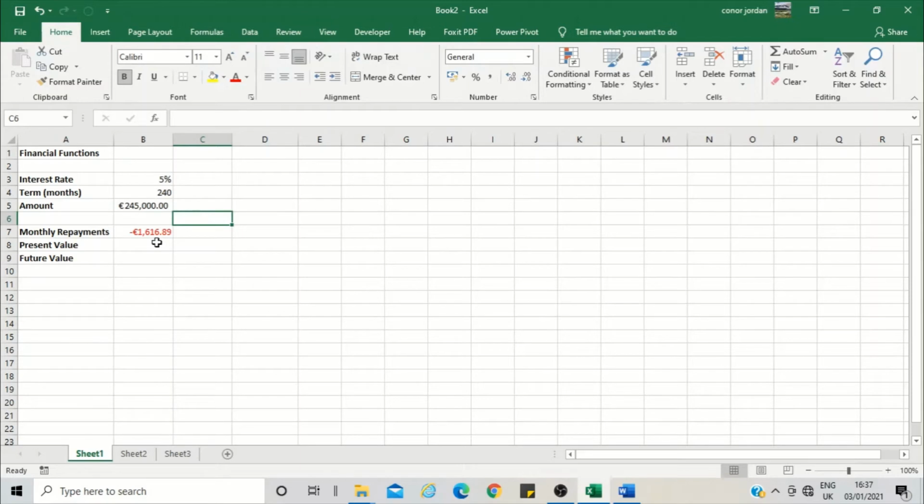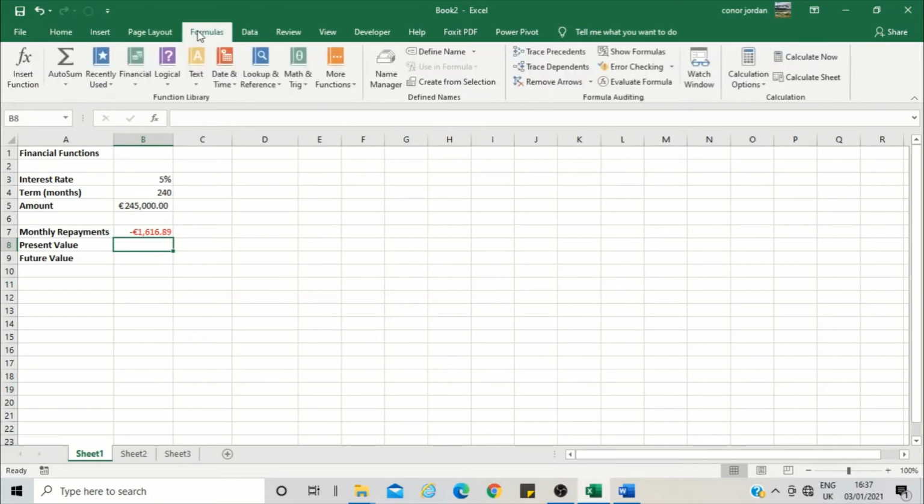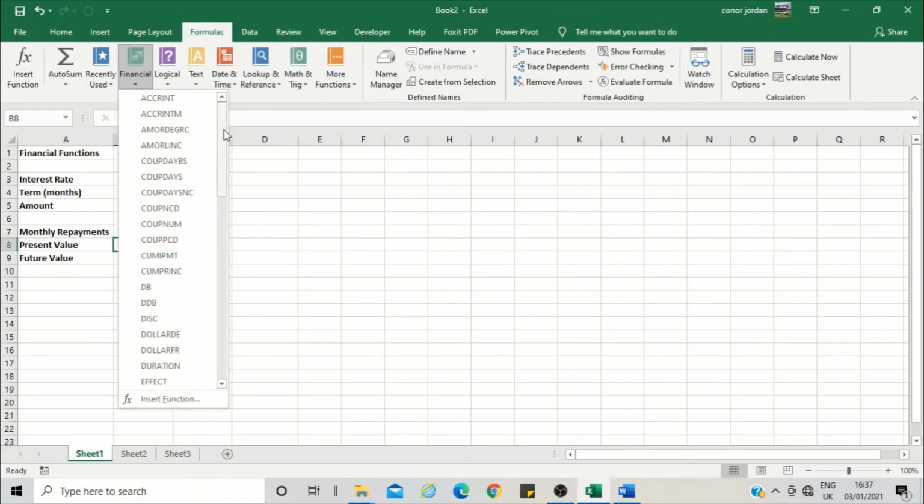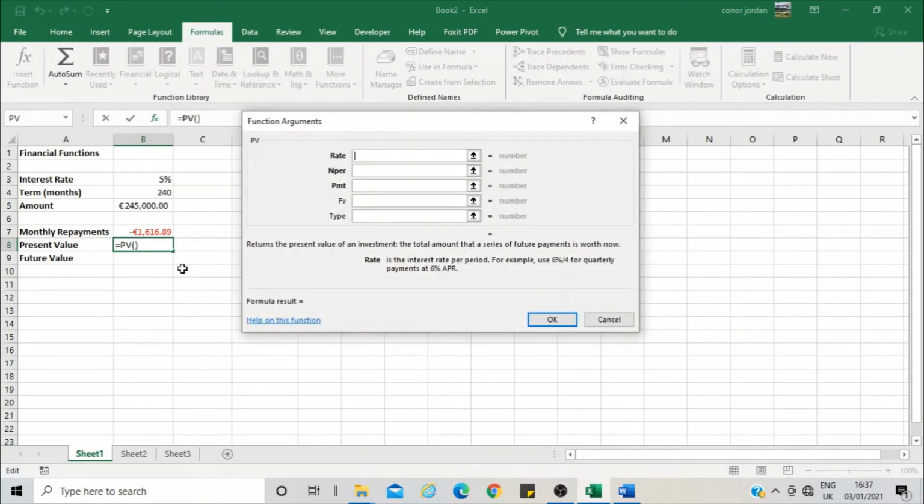So with this information we can calculate the present value. So click on the Formulas tab, click on Financial, and scroll down until you see PV. So again, choose the rate divided by 12.